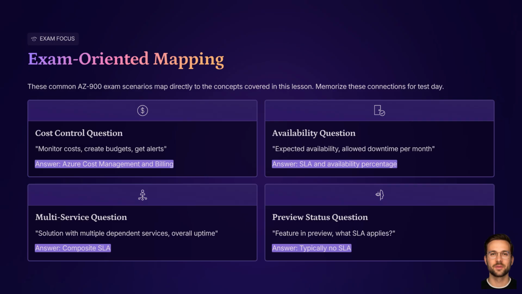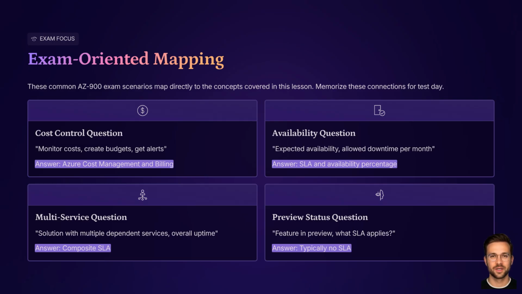If a question describes a solution with multiple dependent components and asks about the overall availability, you should remember that combined SLAs are usually lower than individual SLAs when all services are required for the solution to function. If a question mentions that a service or feature is in preview, you should remember that preview services generally do not have a formal SLA.